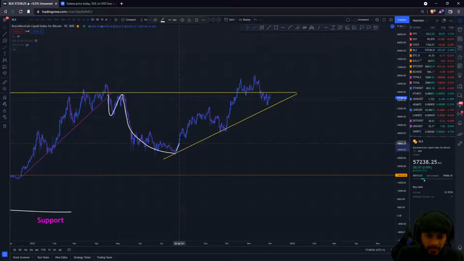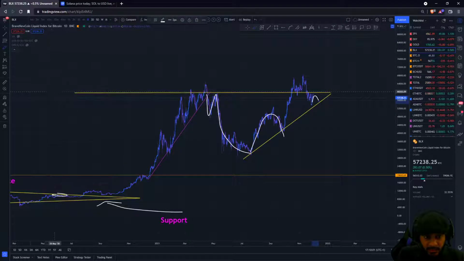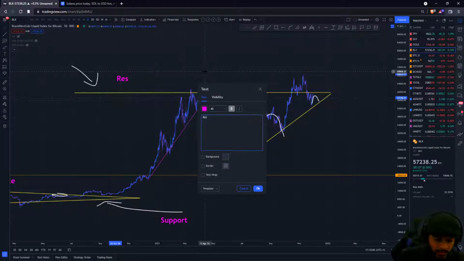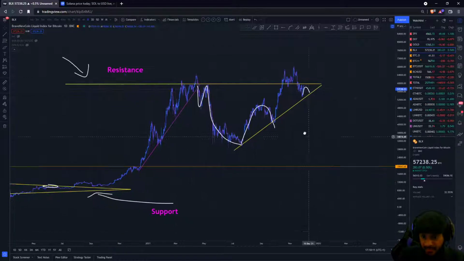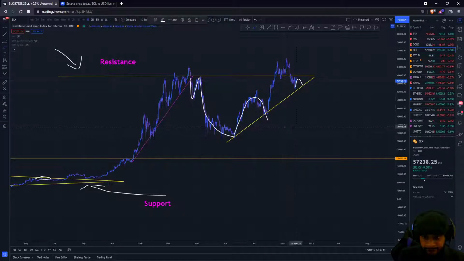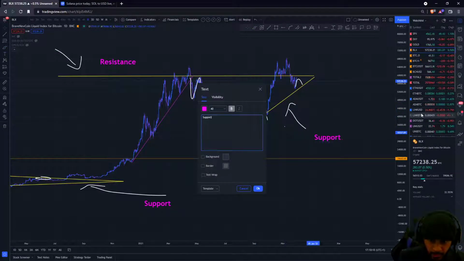So the moment Bitcoin touched this line, it's gonna go up. If you look at this line, this is the new resistance line, and this is the new support line.